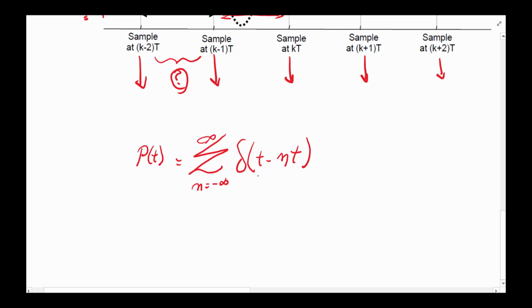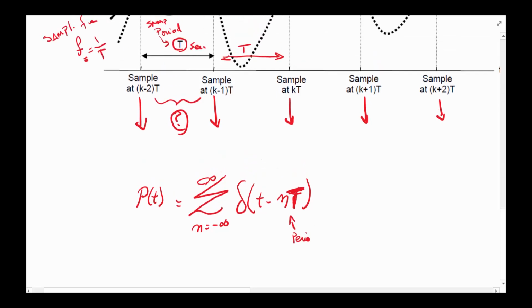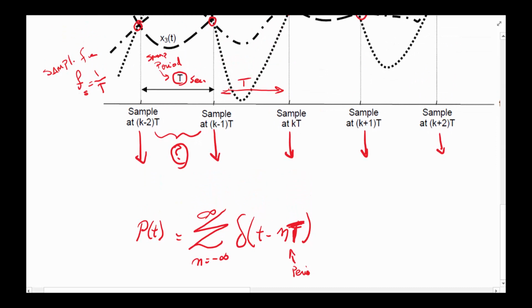If you remember, the definition of impulse is when the inside of this becomes 0, and this T should be capital, because that ends up being the period at which we will sample. So what this signal is going to do is, at every time there is an integer value of n, it will sample.